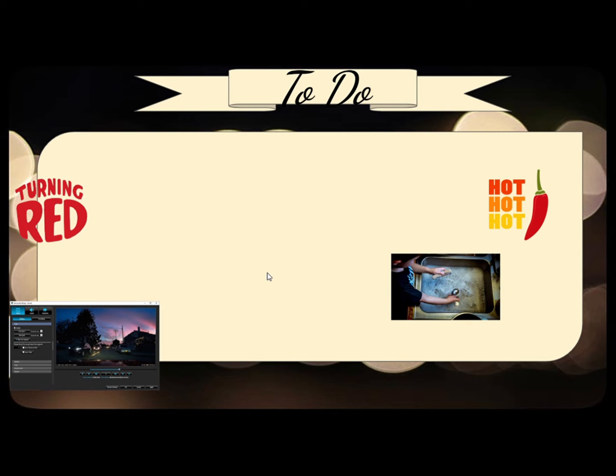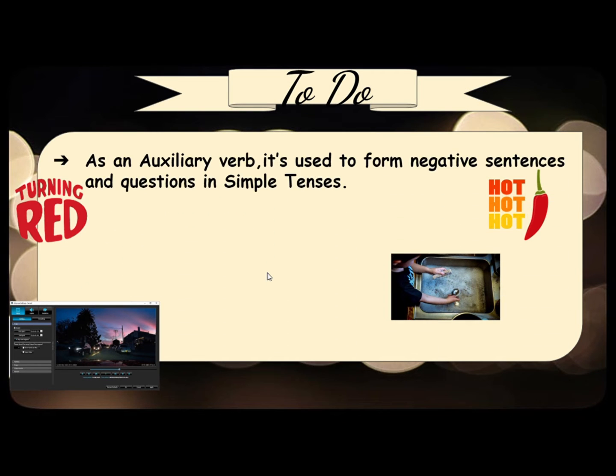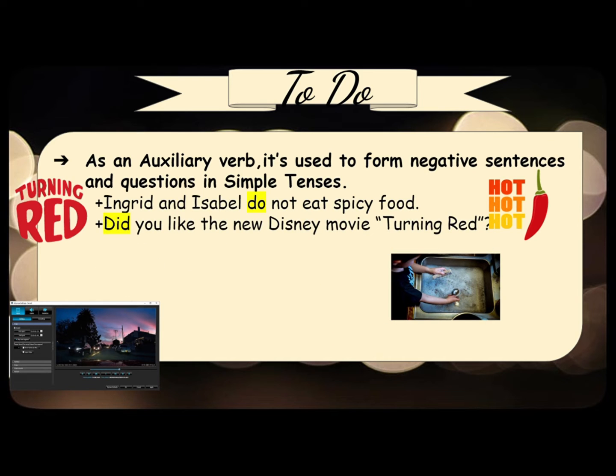The verb to do. We use the verb to do as an auxiliary to form negative sentences and questions in simple tenses. For example, Ingrid and Isabel do not eat spicy food. Did you like the new Disney movie Turning Red?